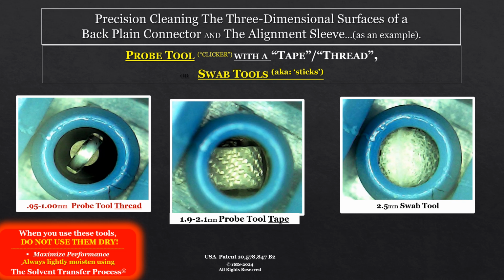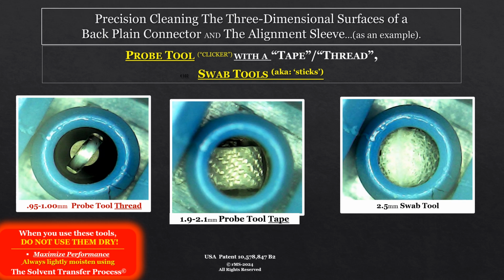The same is true for the 1.25. It's smaller. If you're cleaning per the IEC standard, then the 1 millimeter probe tool thread meets the standard, but it may not be as adequate because it's smaller. If the adapter alignment sleeve is contaminated, then that smaller thread absorbs and oversaturates with contamination.